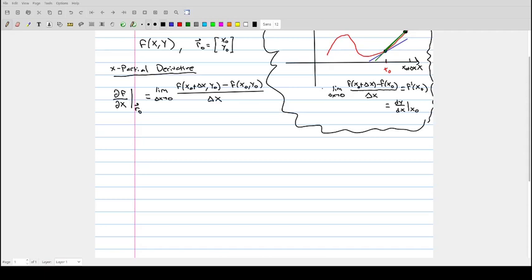So it's very similar to how we define the derivative for a single variable function. The partial derivative is the single variable derivative in the direction of the coordinate x.